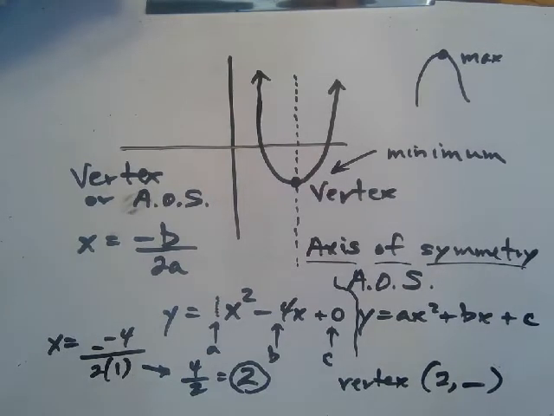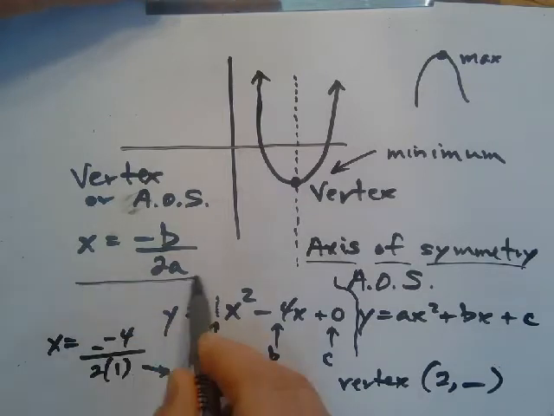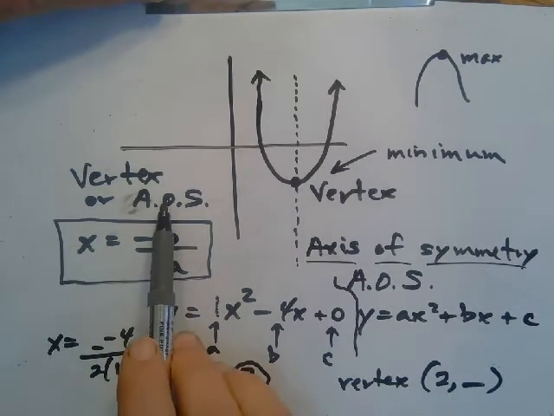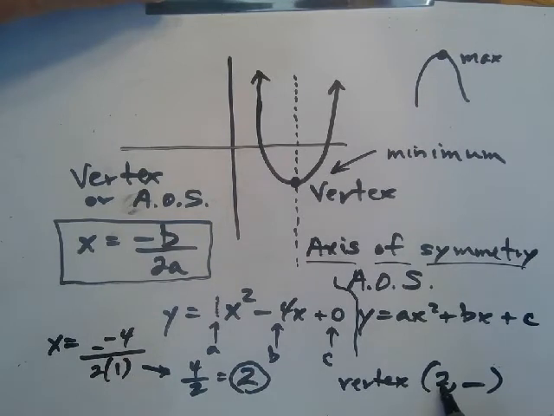And I already figured out earlier that if I stuck 2 into this equation, I ended up with negative 4, okay? But the x value of the vertex is found by using this formula. This is a critical formula. This is one you'll have to memorize and know really well. Also then, the axis of symmetry is found on that vertical line at 2.